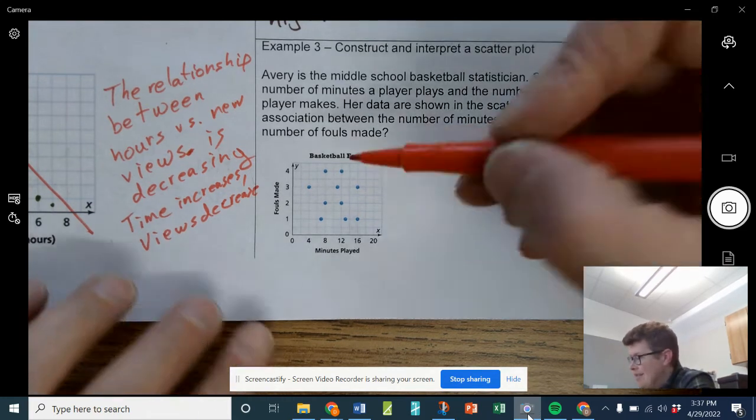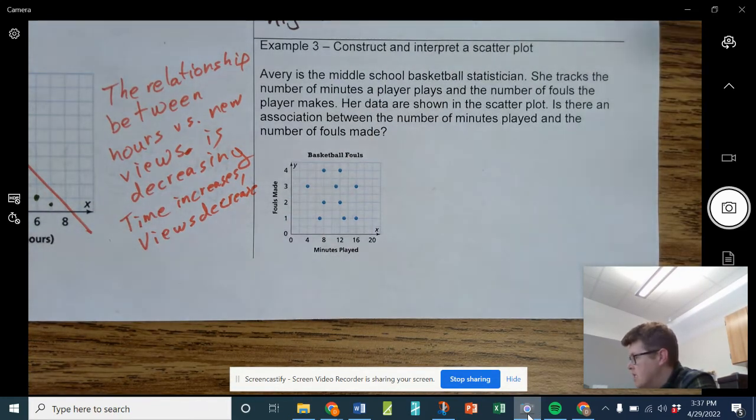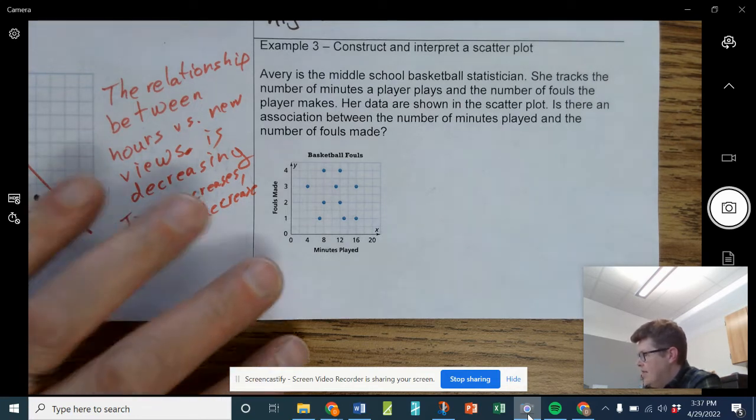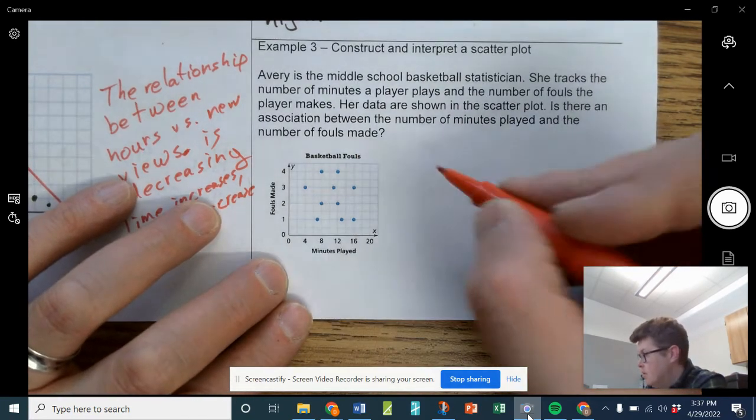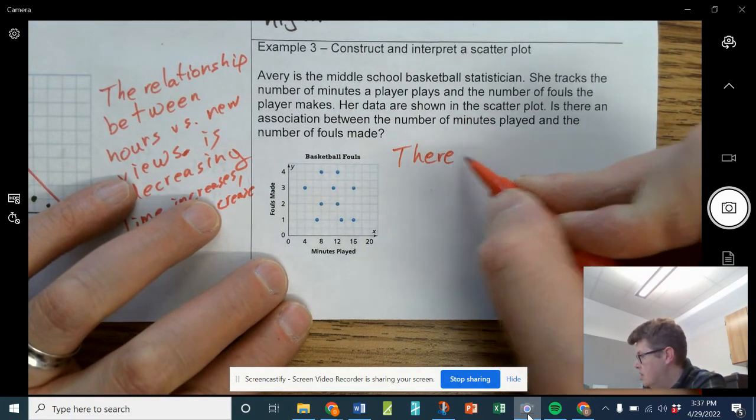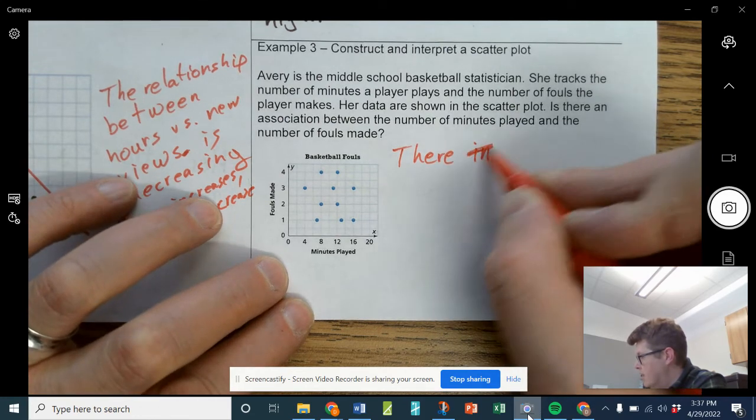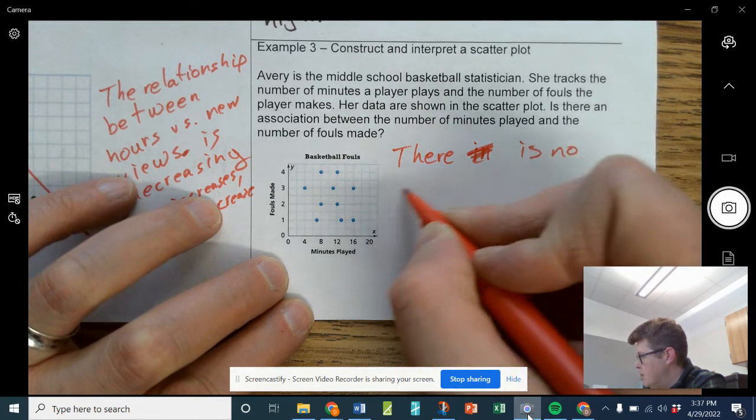So if you see something like this where it's all scattered all over the place and it doesn't make sense, well, that just means there is no association. So you'd say there is no association.